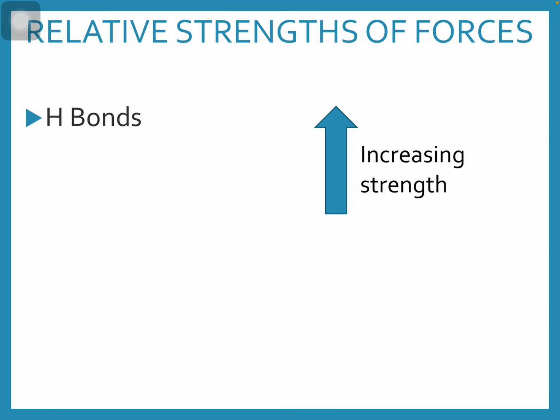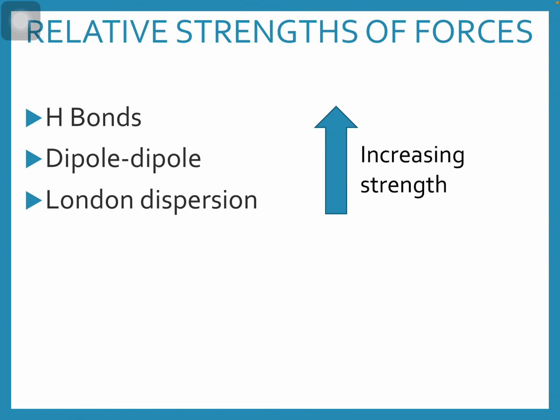And so those are going to have higher melting and boiling points than substances that are also polar covalent, but just have dipole forces between them, so they don't have a hydrogen and a nitrogen, oxygen, or fluorine. And then the easiest ones to break are London dispersion forces, which happen between non-polar covalent molecules.